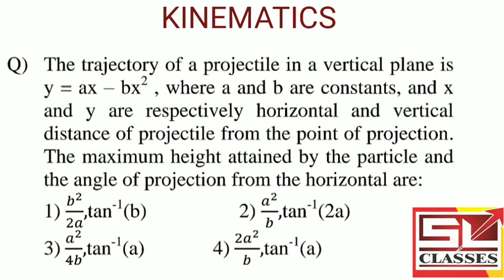The maximum height attained by the particle and the angle of projection from the horizontal are, and different options are given. One is b square by 2a comma tan inverse b. Next is a square by b comma tan inverse 2a. Next is a square by 4b comma tan inverse a. And the other option is 2a square by b comma tan inverse a.